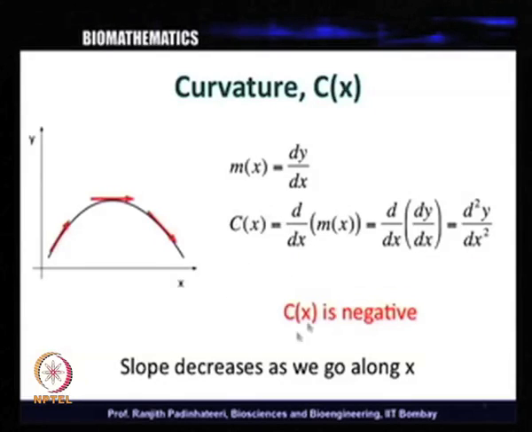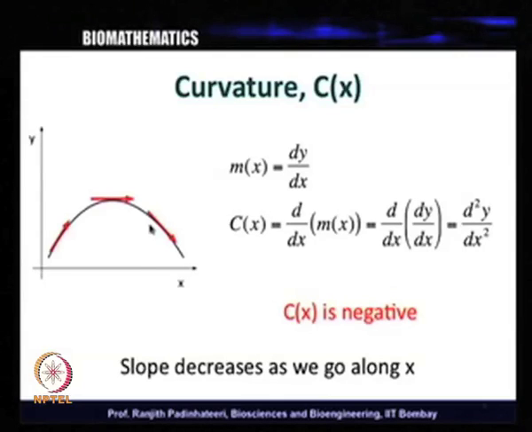The second derivative will tell you whether it is a maximum or a minimum, depending on whether it is positive or negative. So, the trick is to find the second derivative. We found the first derivative and found the point at which the function is maximum or minimum, and now we will find the second derivative and find out whether the function is maximum or minimum.